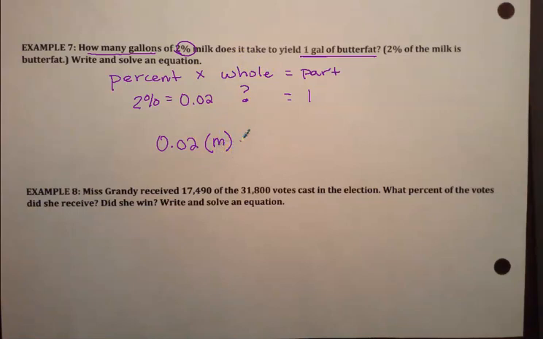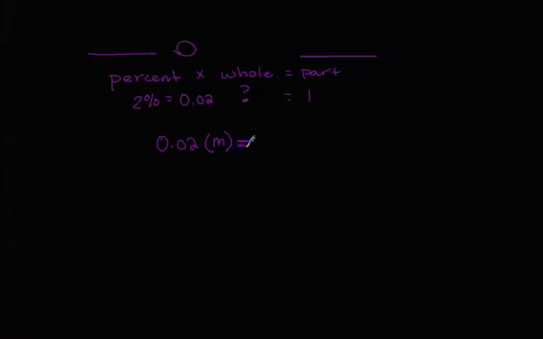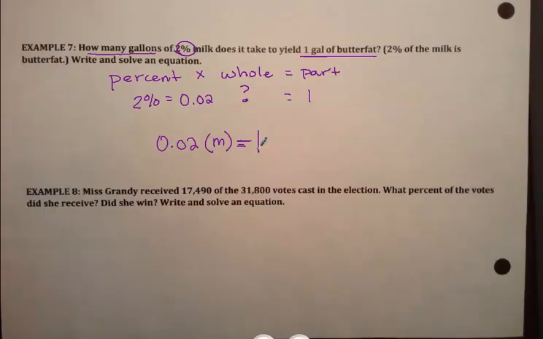Equals, my marker quit. It does that sometimes. Oh, my board quit too. Awesome. So equals 1. I'm still recording. There we go. So how would we solve this? Divide by 0.02. Very good.